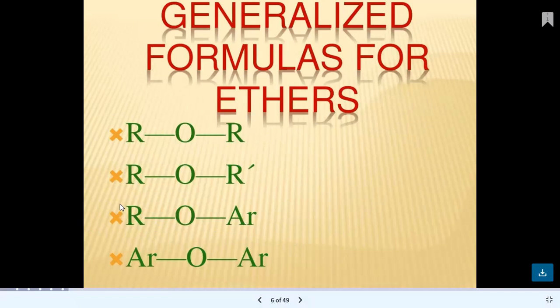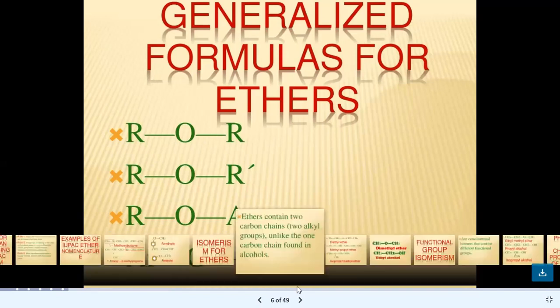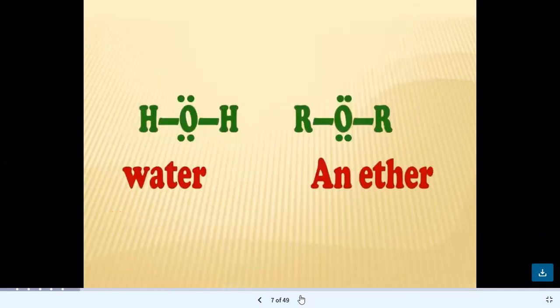So you might have an aliphatic chain and an aromatic chain, or you might even have two aromatic chains, two benzenes attached to the oxygen. R is for a regular chain, radical or aliphatic. Aliphatic are those that are not aromatic, right?